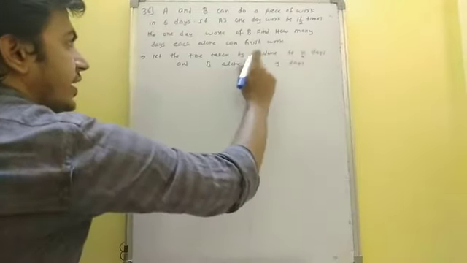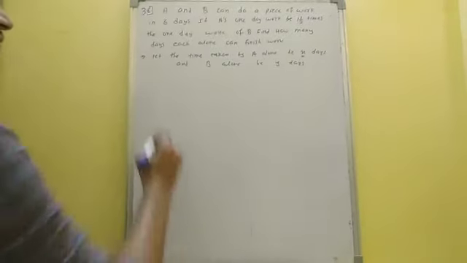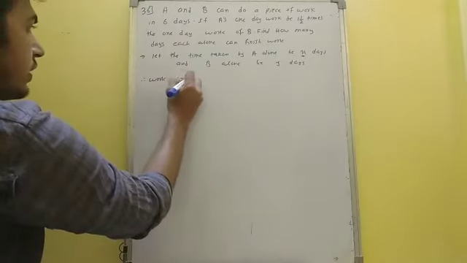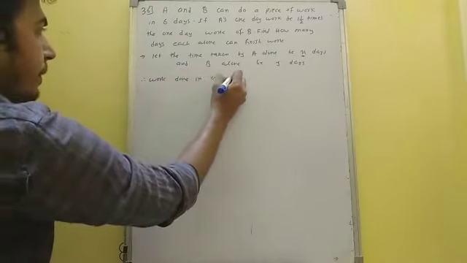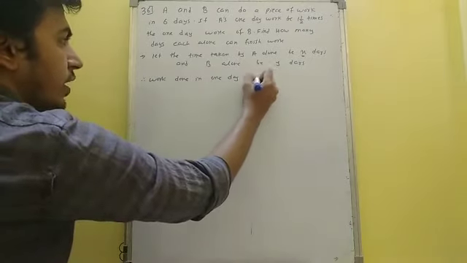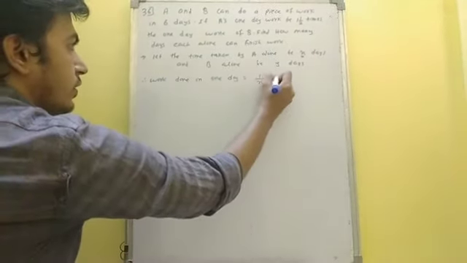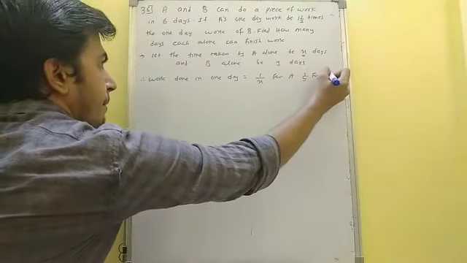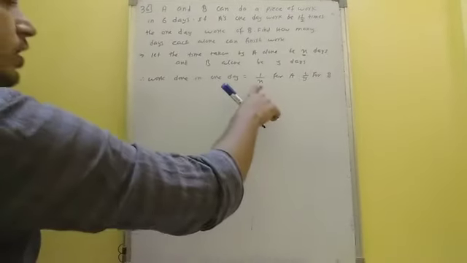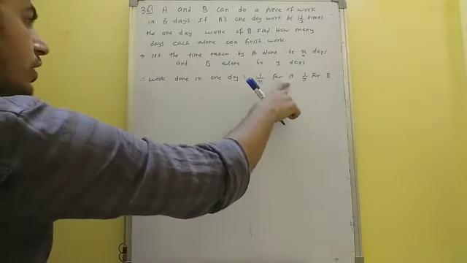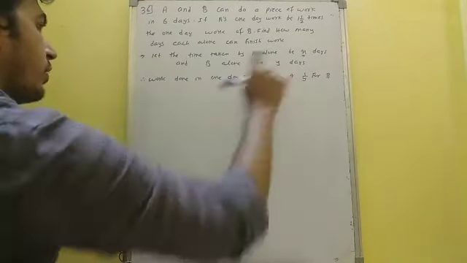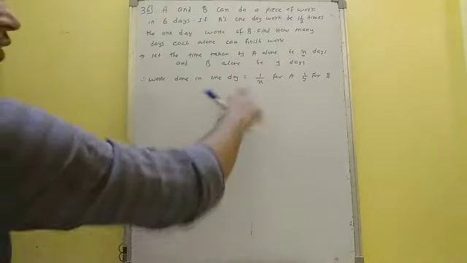A can do it in X days and B can do it in Y days. Therefore, work done in 1 day will be 1 upon X for A and 1 upon Y for B.